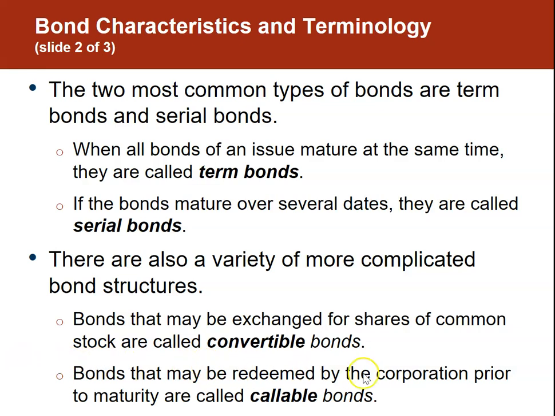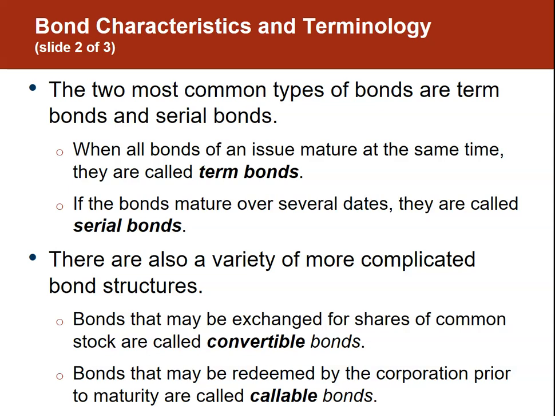Bonds that may be redeemed by the corporation prior to maturity are called callable bonds. And corporations usually will, in the bond indenture, put a provision in that contract that says we reserve the right to pay you off early. The reason that companies do this is because they understand that if they issue bonds at 5% and then the interest rate goes down to 4.5 and 4 and 3.5, they're paying way too much interest.